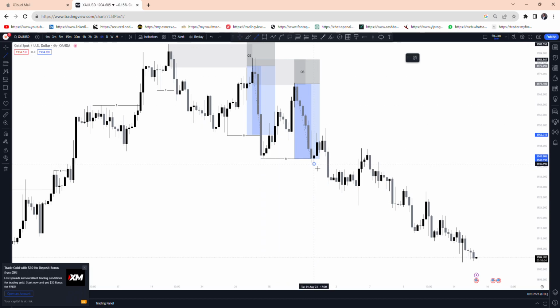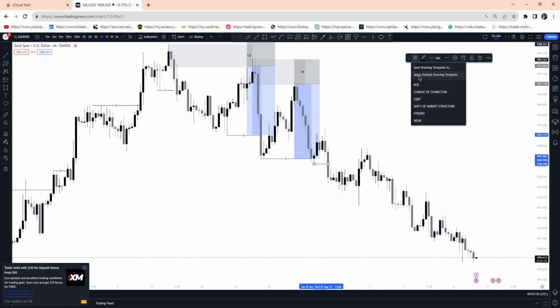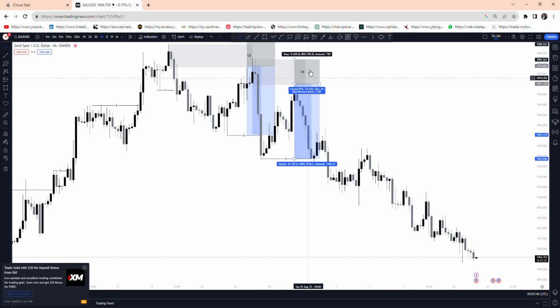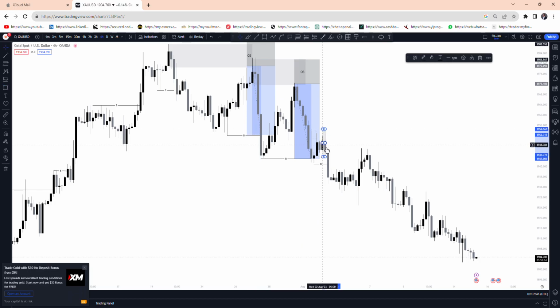The moment you see a break without reaction, you say break of structure without reaction, you must just know that the price won't come to the order block. It will never go to the order block, simply because this is a breaker block. It must come to the breaker block.